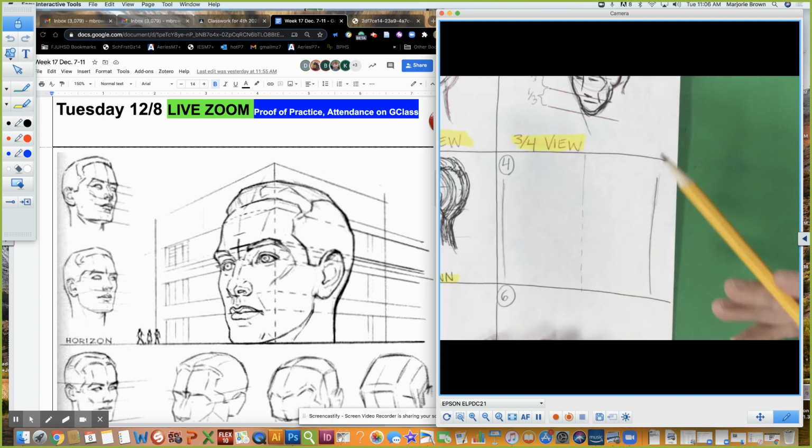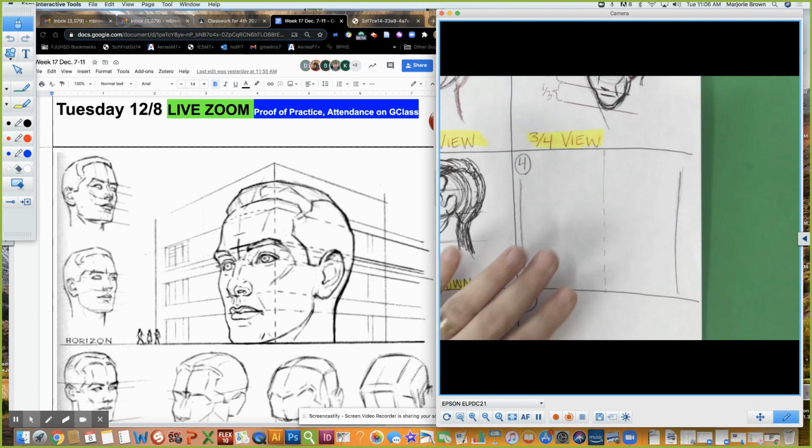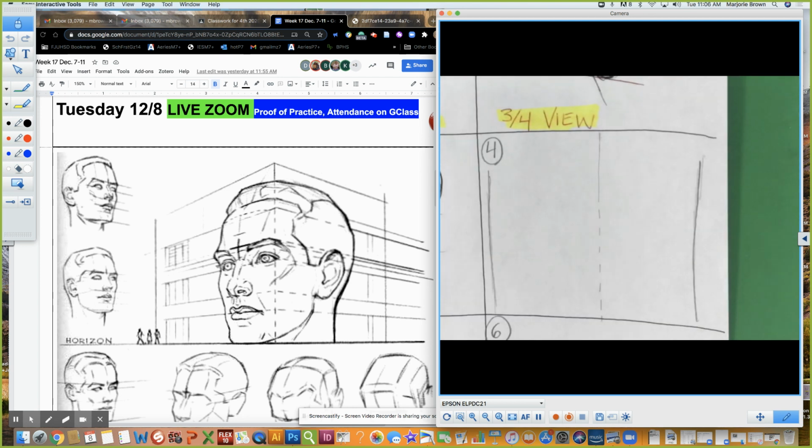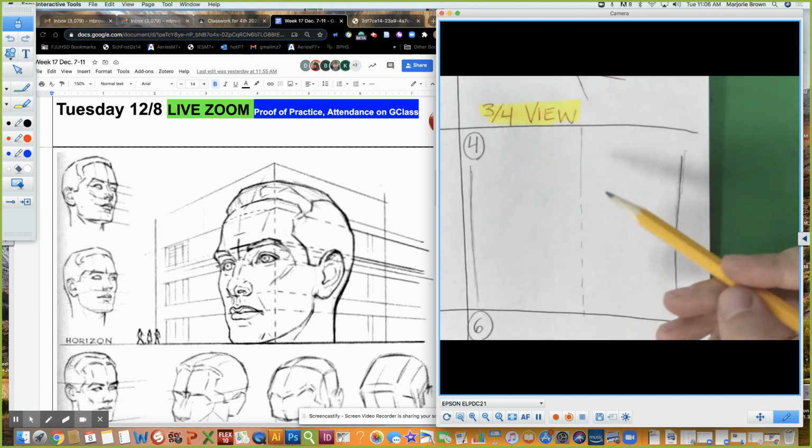Now, I'm going to zoom in a bit more. Just want to make sure that we can all see. So I'm going to now look at the top part, and I see this diagonal here and this diagonal here.